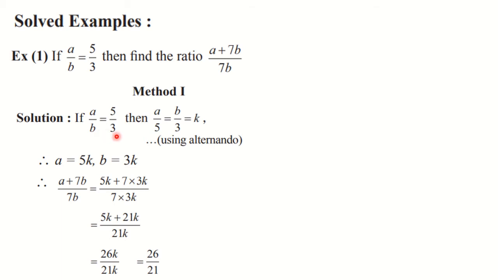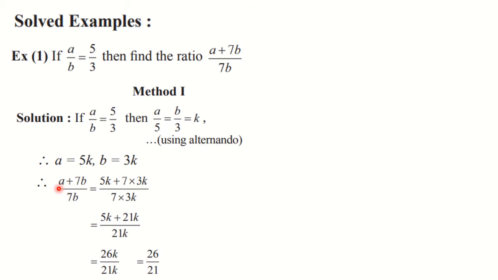So please take a note that you will say that even if we don't take k, we are getting the correct answer. So why should we take k? Okay, but we have to make use of the properties, and that is why taking this as a multiple of k is compulsory. Okay, you need to write this. Then write down the given question. A plus 7B upon 7B.